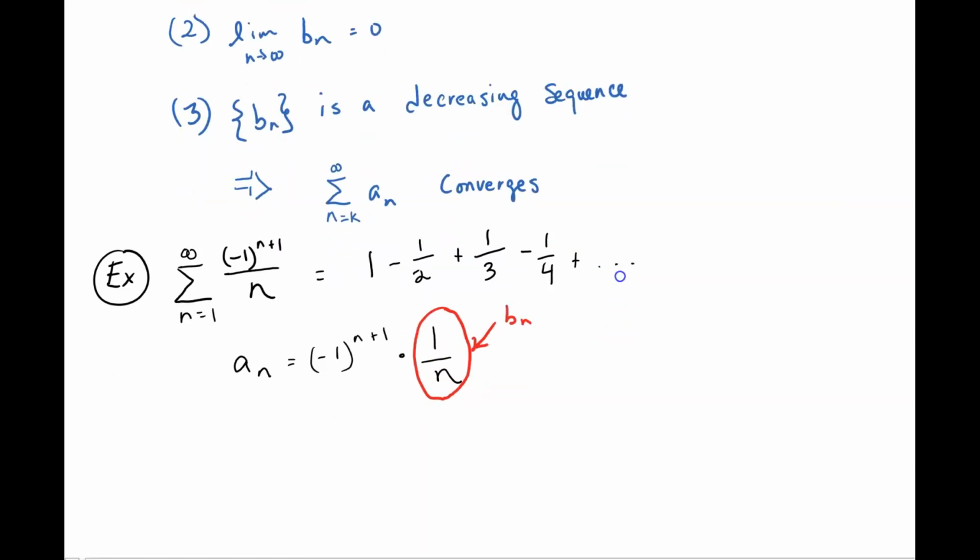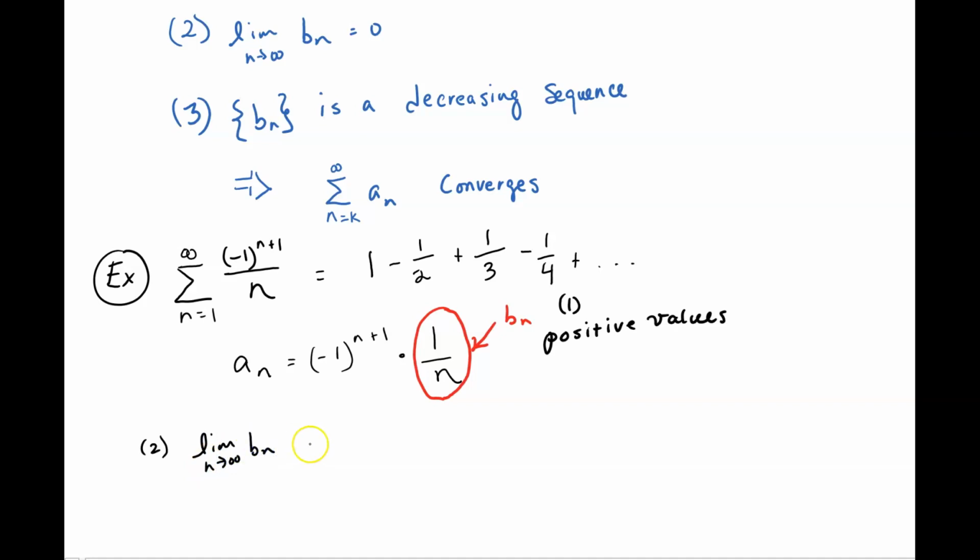Now let's check the limit. The first condition is for sure met, since these are positive values. Second condition, the limit as n approaches infinity of b sub n.